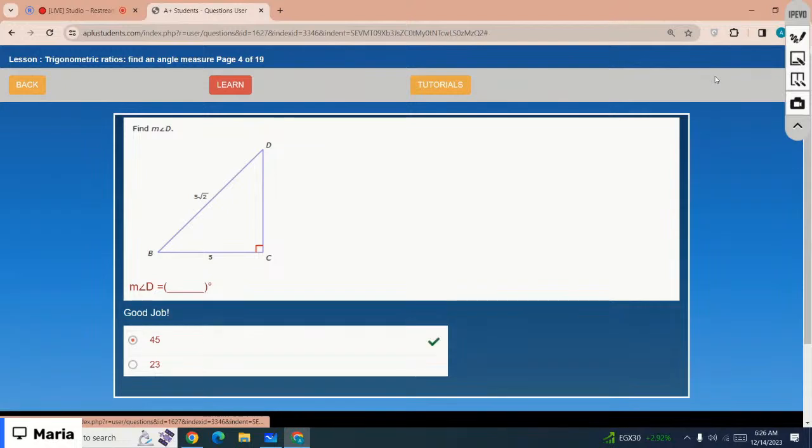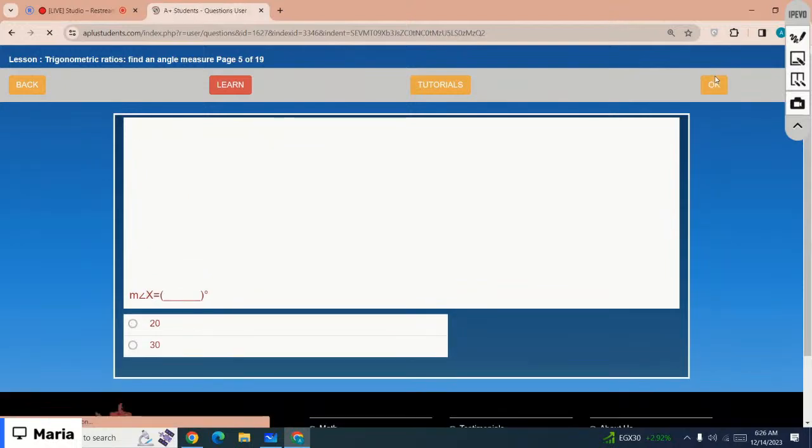Okay, for the next one, you have to evaluate on your notebook and just write the answer in the chat box. Okay, you have to calculate the measurement of angle S. You have to calculate sine of angle S, right?